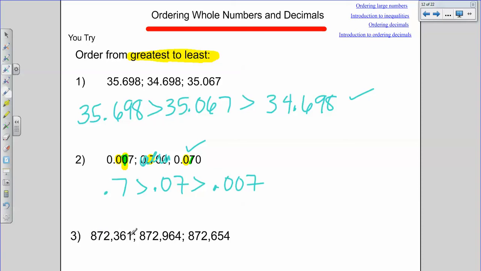Okay, and our last example is our big numbers, so no decimals here. Everything's an 872,000. So the next number I'm going to look at is in the hundreds spot: my 3, my 9, and my 6.